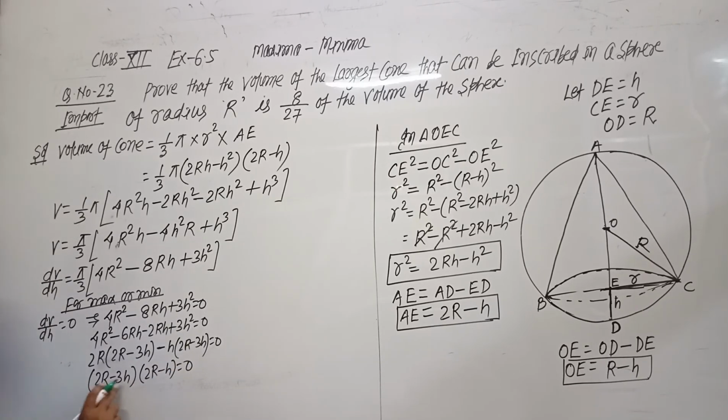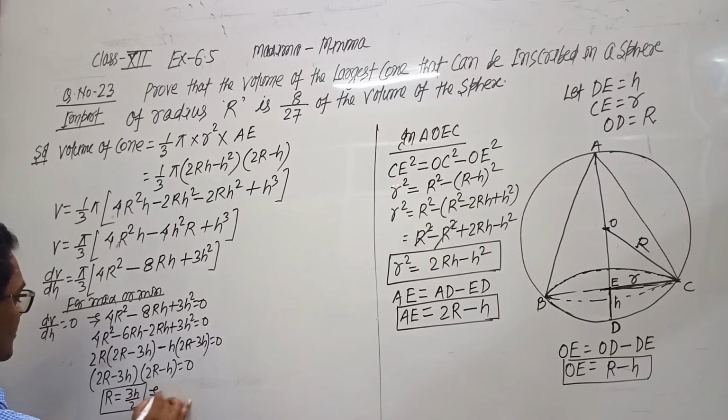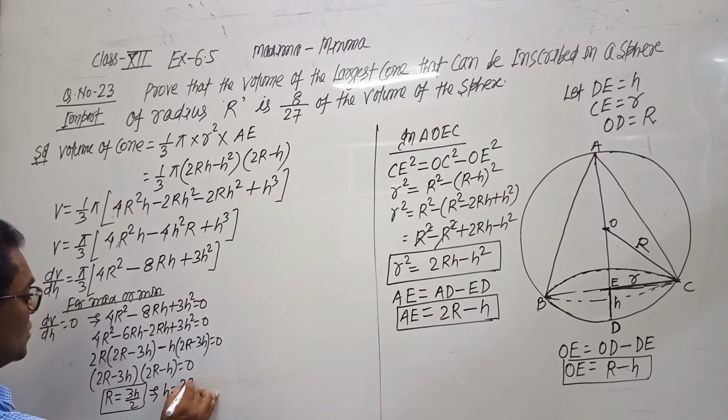From here, 2r minus 3h equals 0, and r equals 3h by 2. So the value of h is 2r by 3.